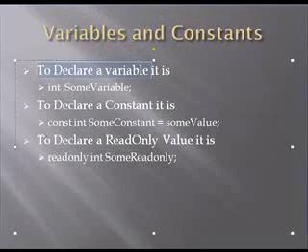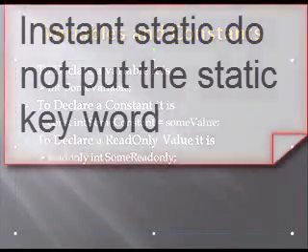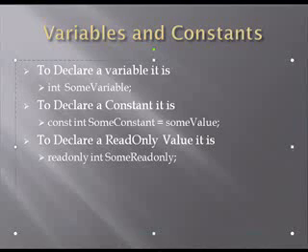To declare a variable, it is usually some type. In this case I demoed it with an int and some variable name. To declare a constant, just put a const at the beginning of it. And remember, all constants are static. More on that in another chapter when we learn about classes.